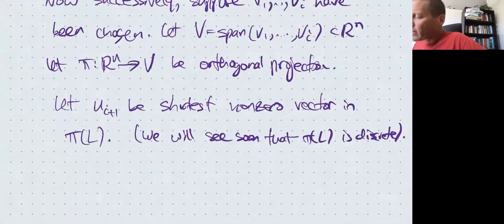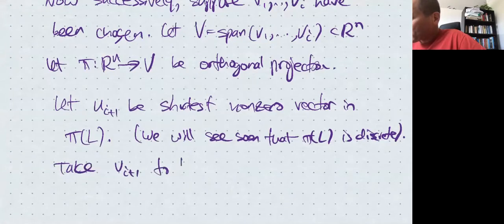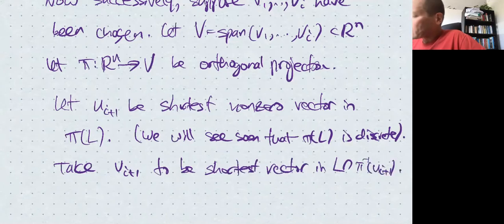And u_{i+1} is the shortest vector in pi of L. And take v_{i+1} to be the shortest vector that projects onto u_{i+1} under this orthogonal projection. And that's your algorithm, and that chooses for you the Vi's one after another.